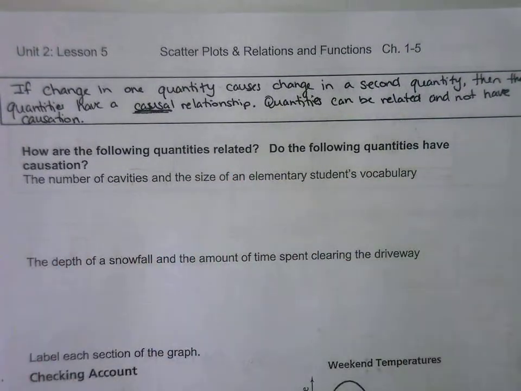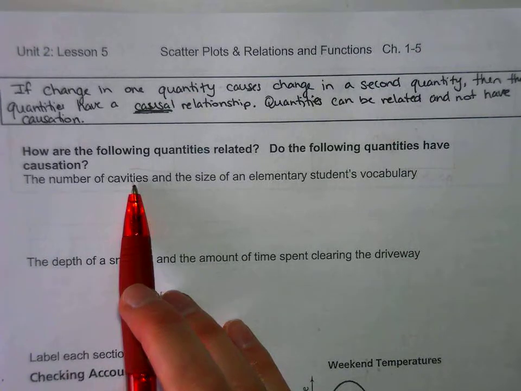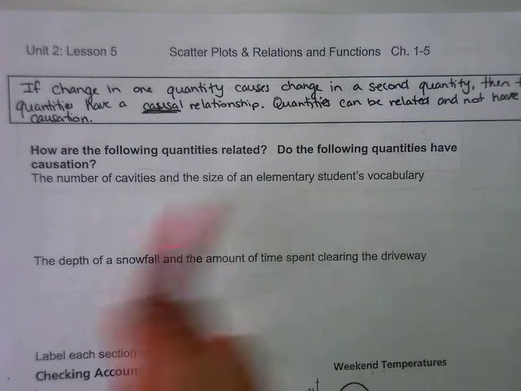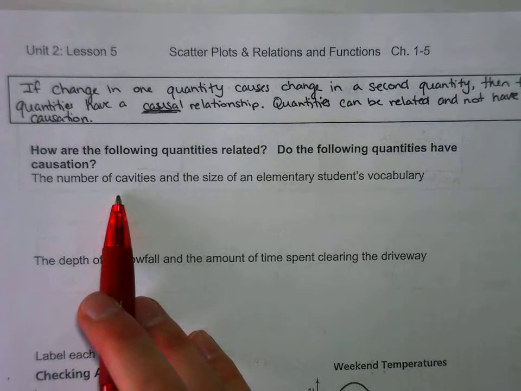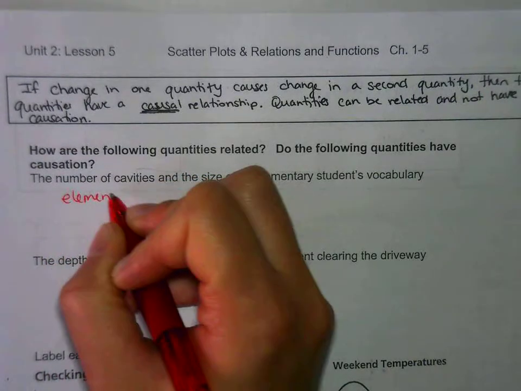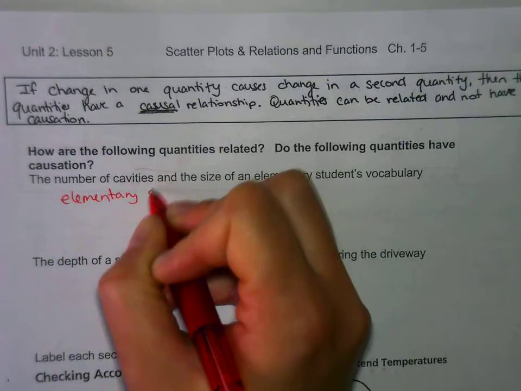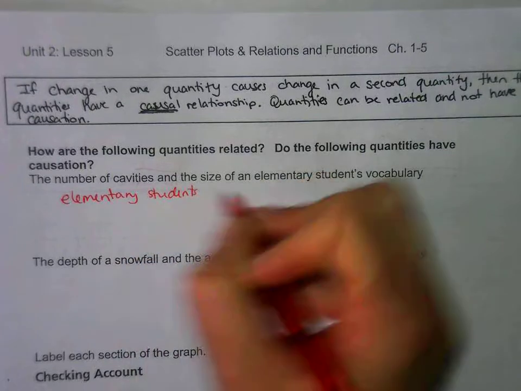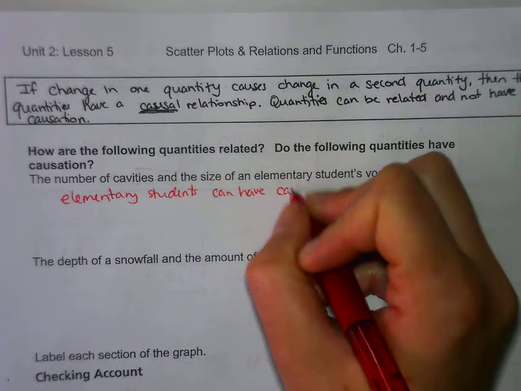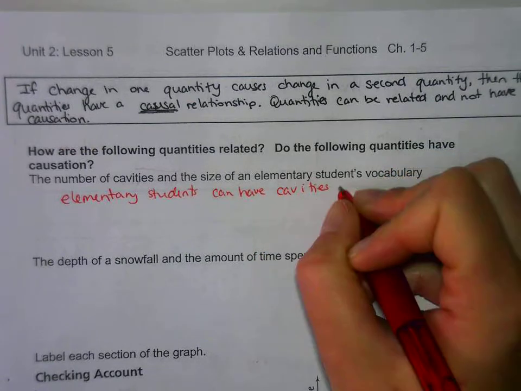So the number of cavities and the size of an elementary student's vocabulary. So these are related because elementary students can have cavities, and they do have vocabulary.